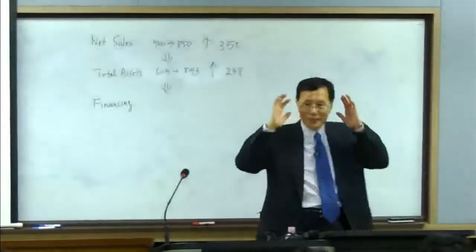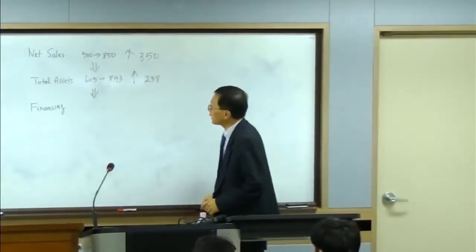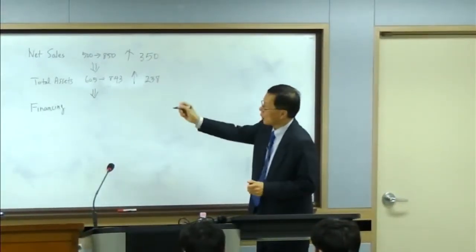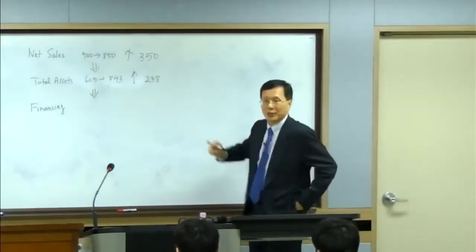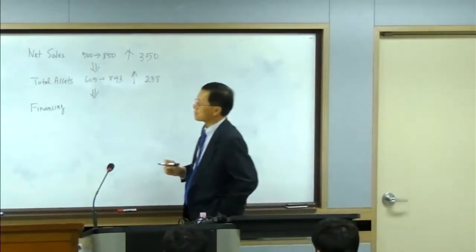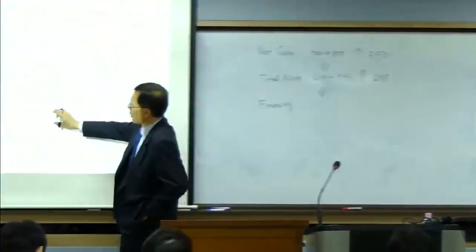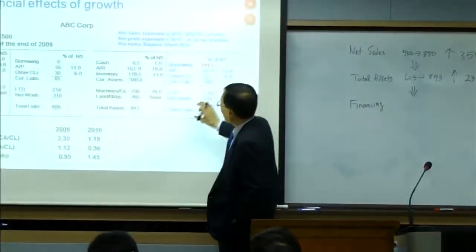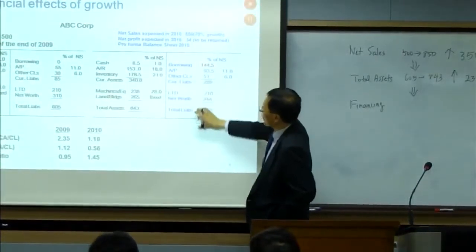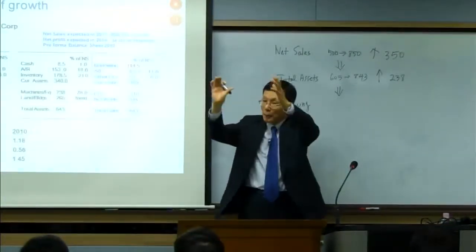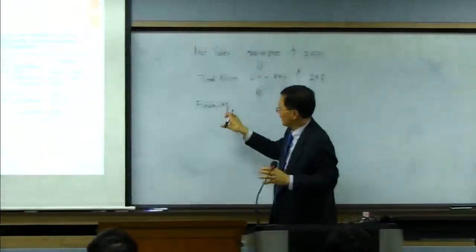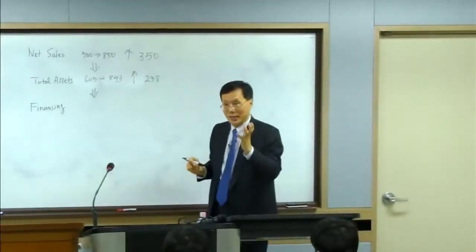Right? Now, having said that, now we know how the company financed 238 of total assets. Total assets go up by 238, and items over here on the right-hand side must have gone up to finance the 238 increase in total assets.